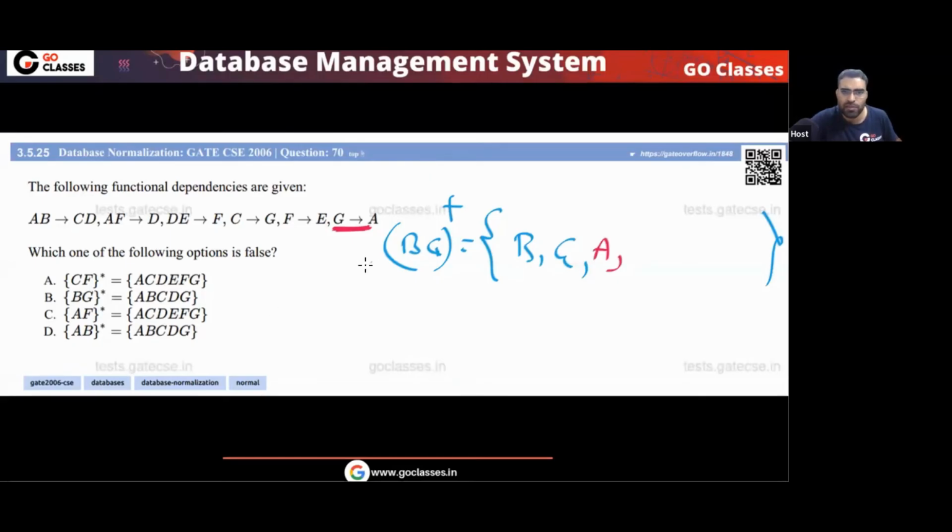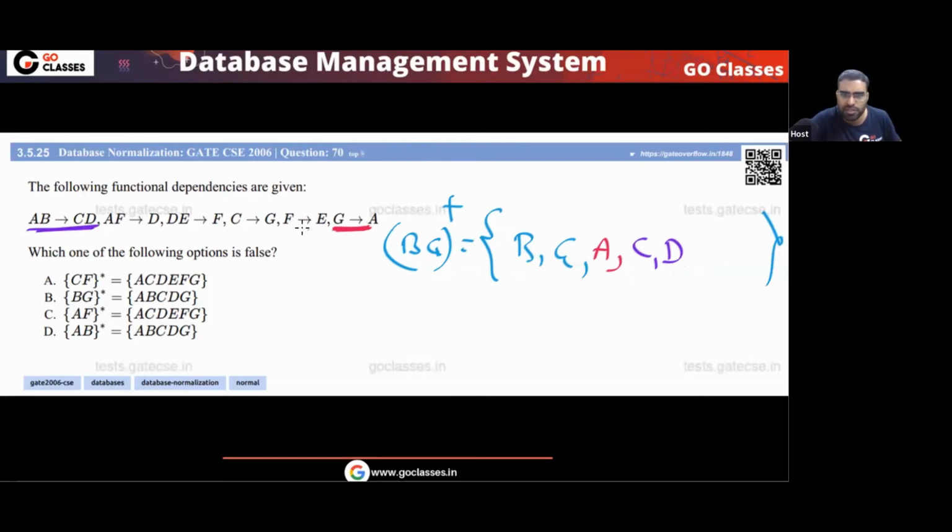Now remember AB can determine CD. A and B, these two, can bring CD. Now you got this family. These five, what can they bring? C can determine G, but you already got G. Can you bring something else? Tell me.